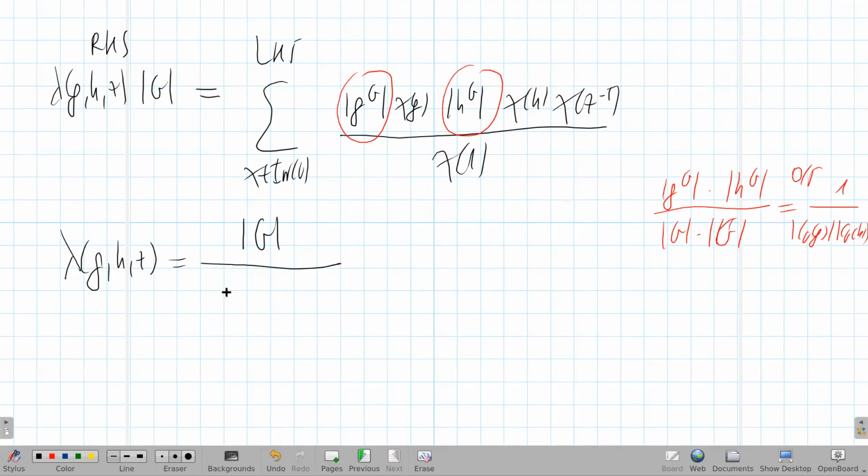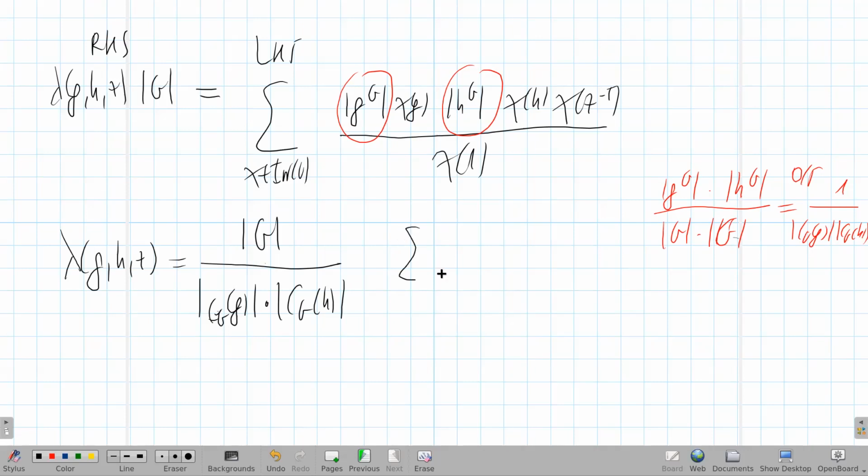So we have taken these two terms that don't depend on the character outside as usual. And so one order of G goes with this one, say, another one goes with the second order of the class. So we need one on the numerator to balance things.